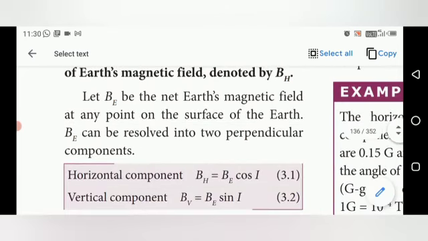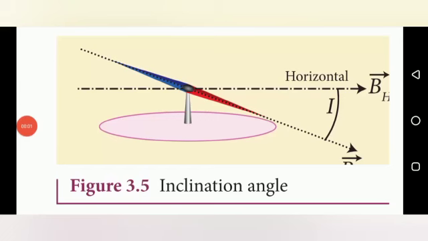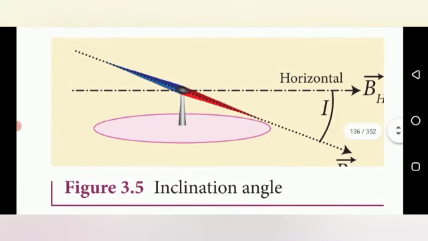Here BE is the net Earth's magnetic field at any point on the surface of the Earth. I think you are confused about the three parameters, BH, BE and BV, so here I give a clear explanation. Consider the surface of the Earth, where the horizontal component is BH. The perpendicular to this horizontal component is BV, that is the vertical component.